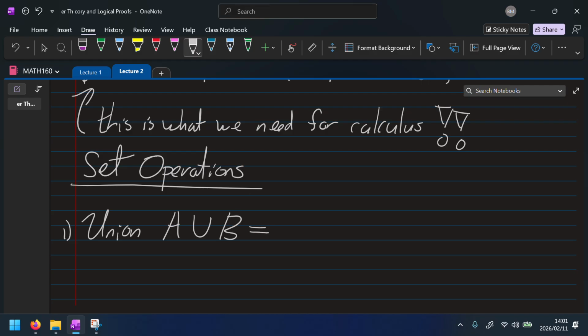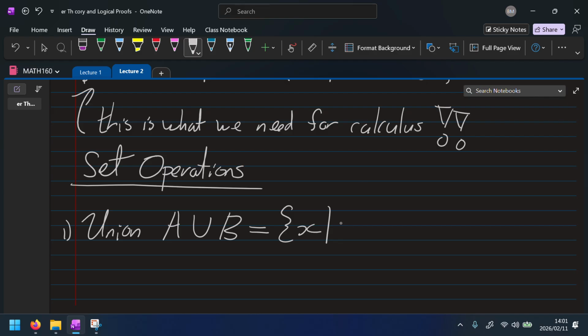This is a new set formed from A and B, and we write it using a rule. So it's all the elements X, again, such that we have a rule. If the rule evaluates to yes, then that is in the union. If the rule evaluates to no, then it is not in the union. So what is the rule?